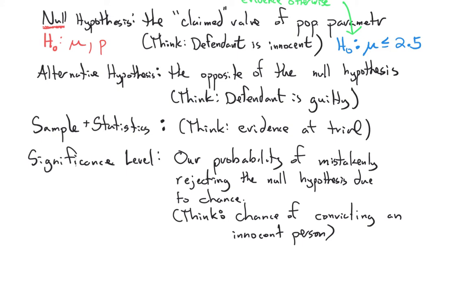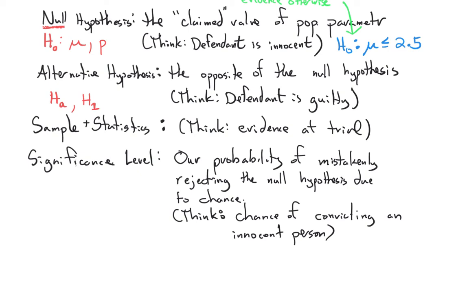The alternative hypothesis is basically saying that the defendant is guilty. And we usually write that as H with a little a. You might see some books use H1 instead of HA, and our book uses H1. So the alternative hypothesis, saying that the claim is incorrect, is going to be the opposite.